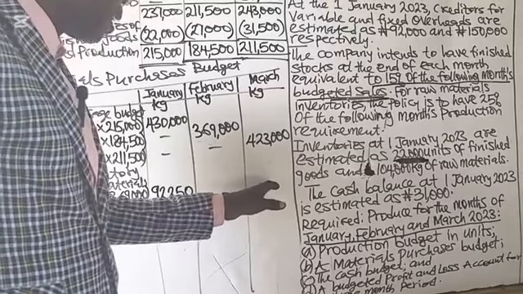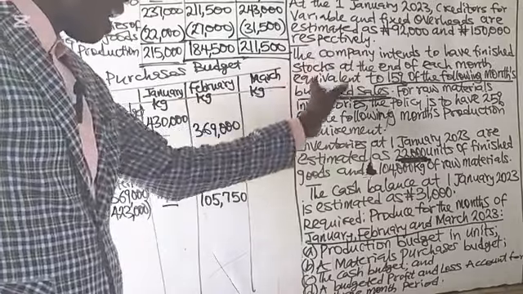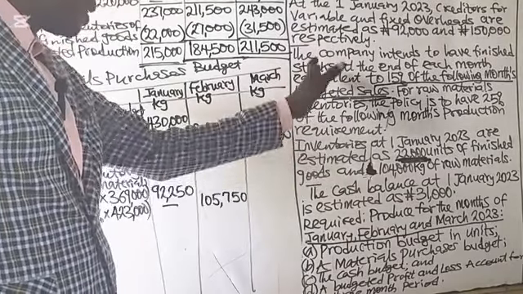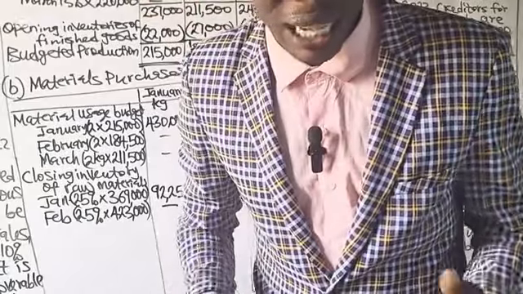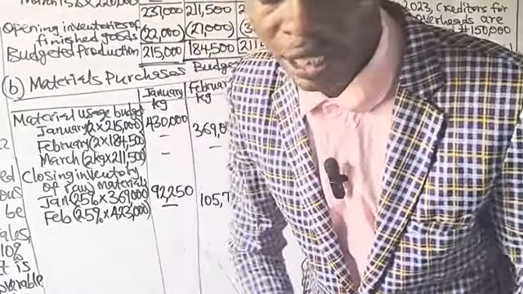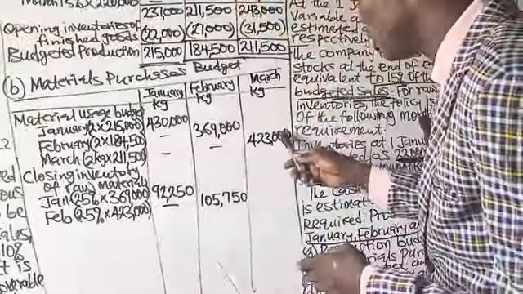To calculate the closing inventory in the month of March, you must know what is required for production in the month of April. Since we did not include April in our budgeted period, we will need to calculate that. Remember, the starting point is the production budget. You must know your budgeted production before you can calculate your material usage.